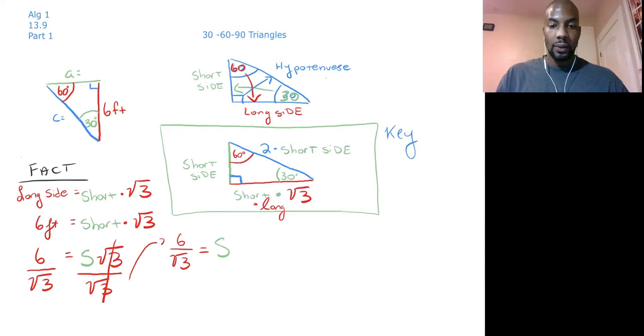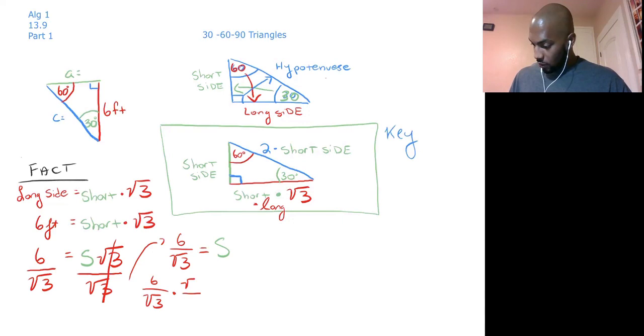All right, now, as I know, I cannot leave a radical in the denominator, in the bottom. So what I have to do is multiply the denominator to both the bottom and the top.